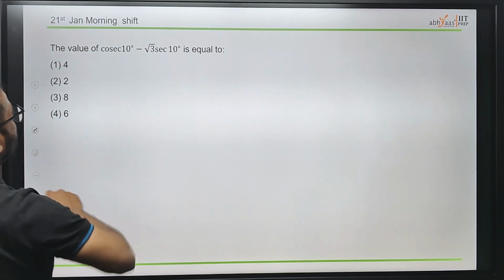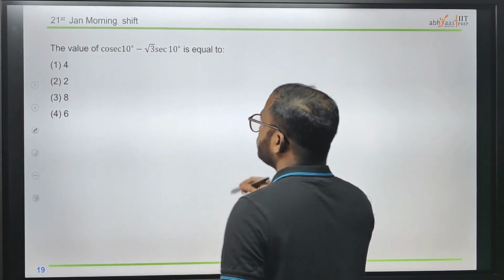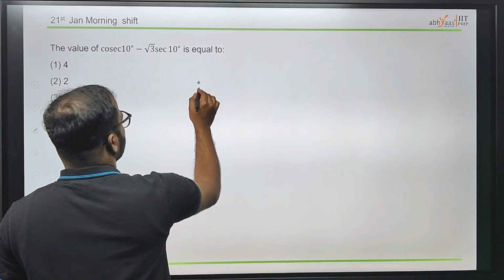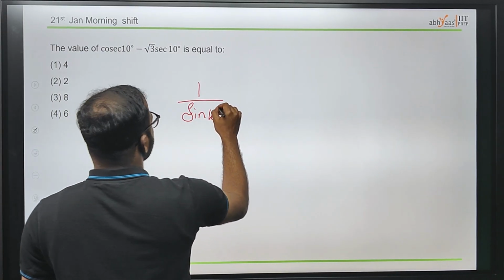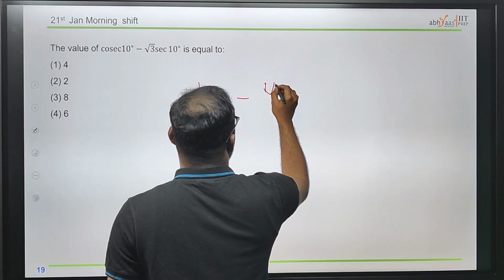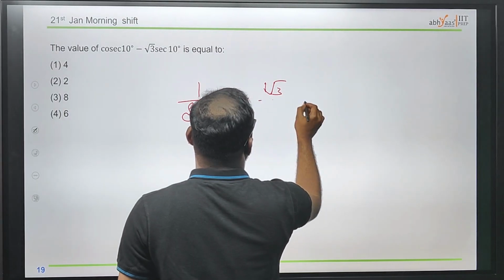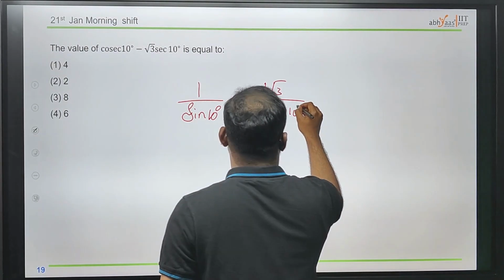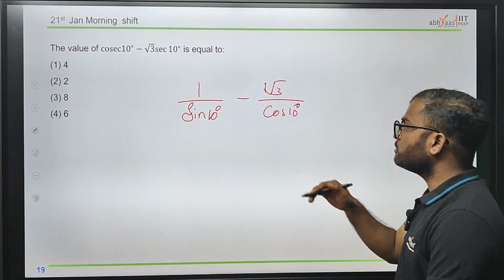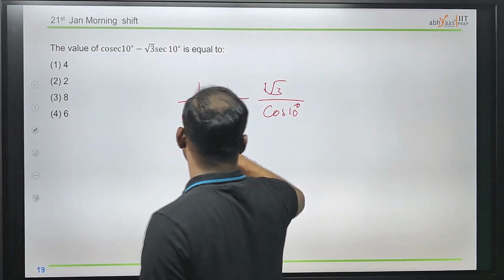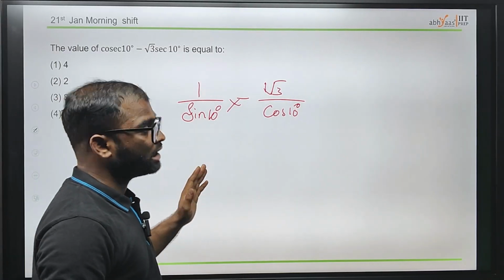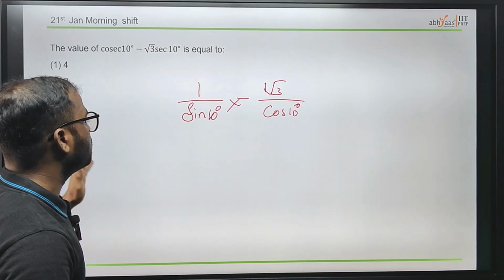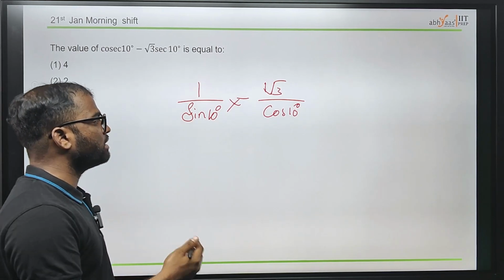Next thing will be our trigonometry, okay. It is an easy one, we just convert that cosecant into 1 by sine 10 degrees, okay, minus root 3 divided by cos 10 degrees. Okay, after this, just a simple process, just do the LCM of this. After that you can easily convert that into the double angle formula, which is sine of a plus b, like sine of a minus b.